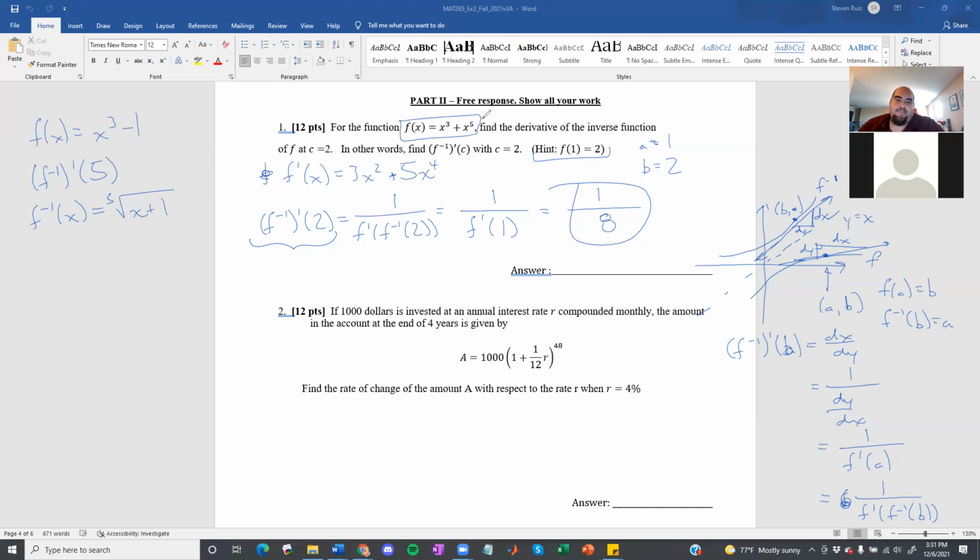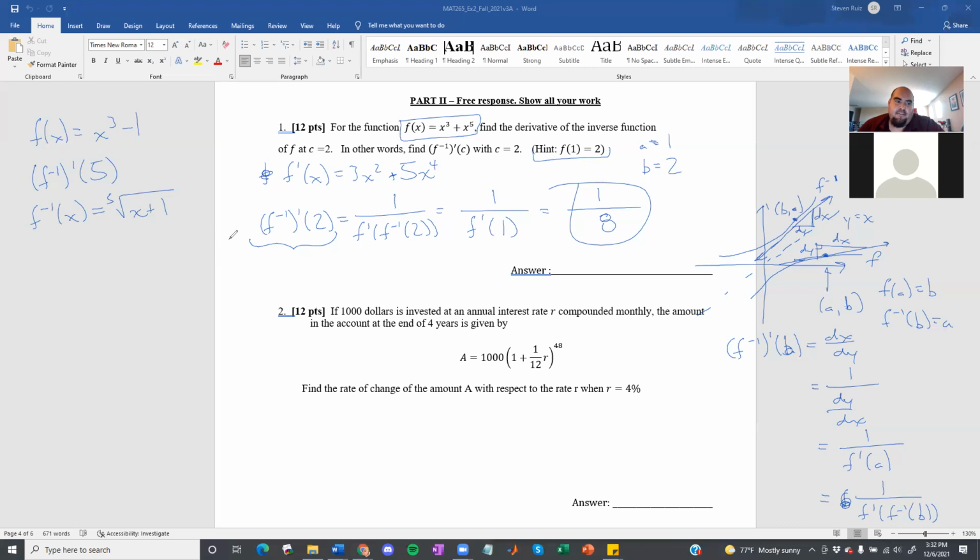Okay. And so couldn't you do the inverse function theorem on that one as well? So long as the function is continuous and has an inverse, you're absolutely allowed to use it. So then in that case, for the easy one, we would set the x equal to 5, right?